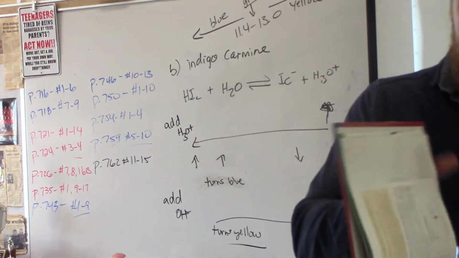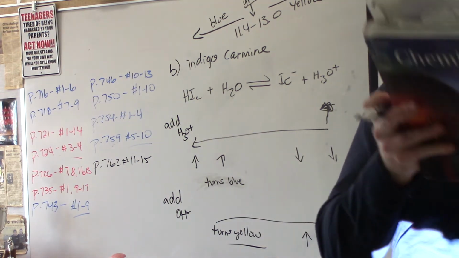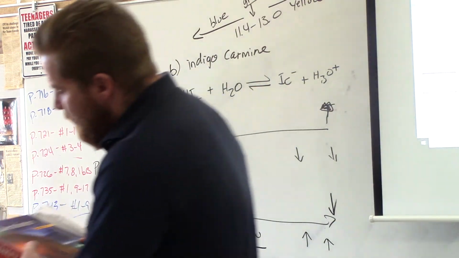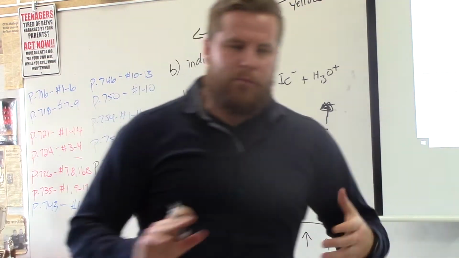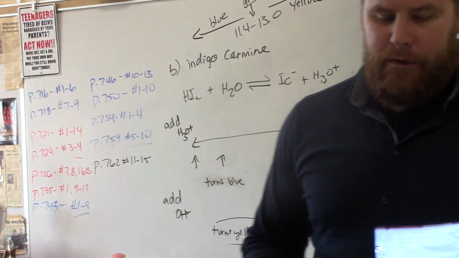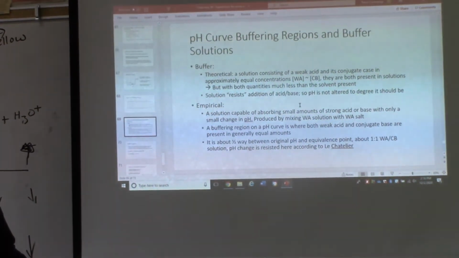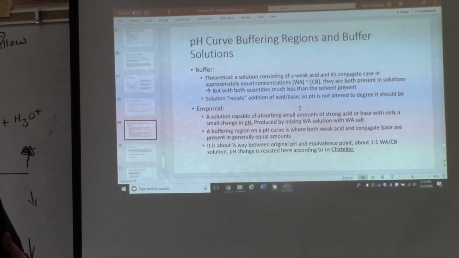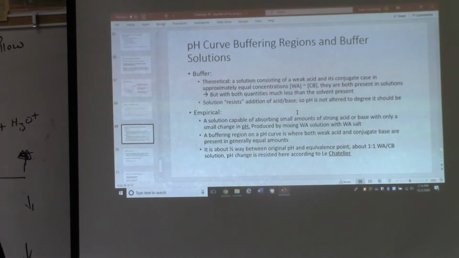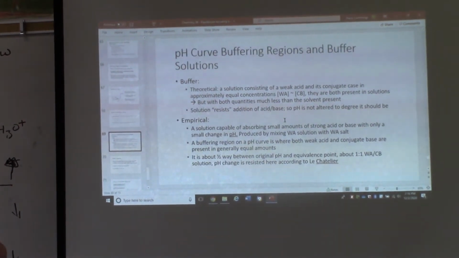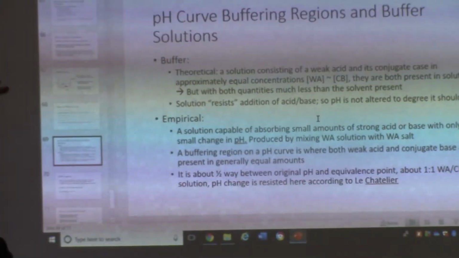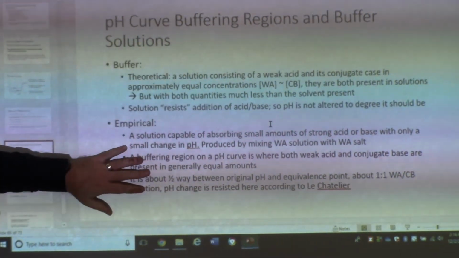All right, so that's indicators. The next major focus of the titration curve is the buffer. You need to watch this lecture before you do the buffer lab that I recorded this morning. We have two different definitions for a buffer.